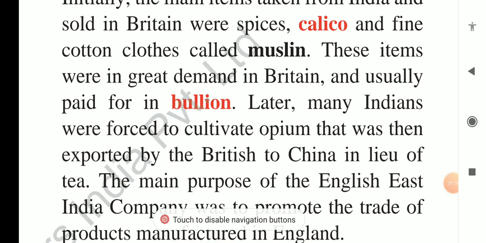It means as an exchange. Right now in India, currency is rupee. At that time also currency was rupee. But different princely states were practicing different currencies. But at that time, these spices, calico, muslins were exchanged for bullion.